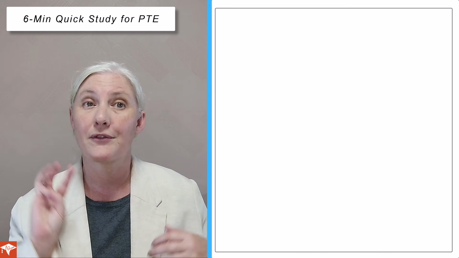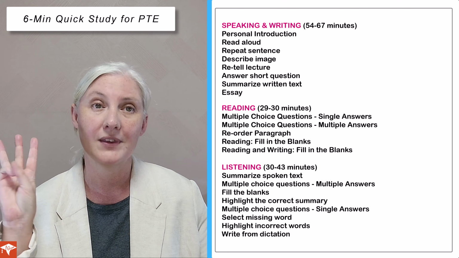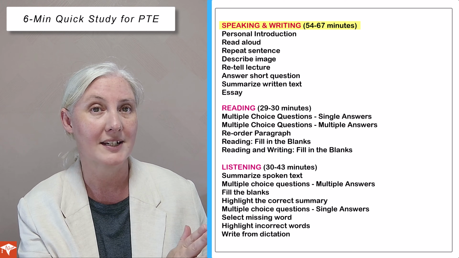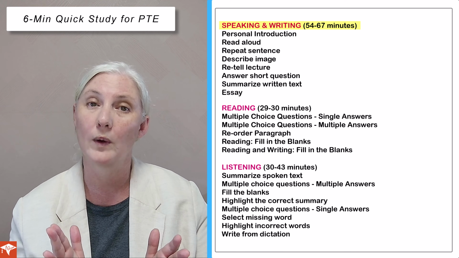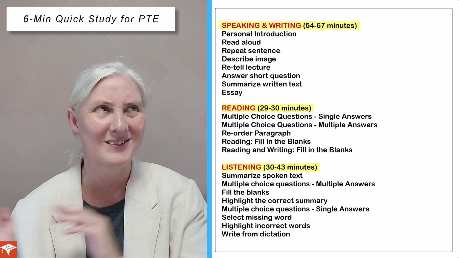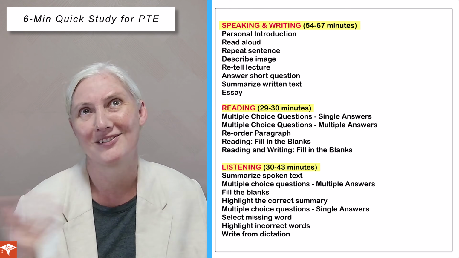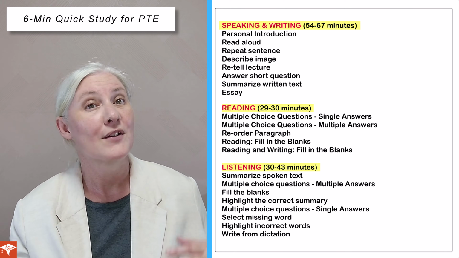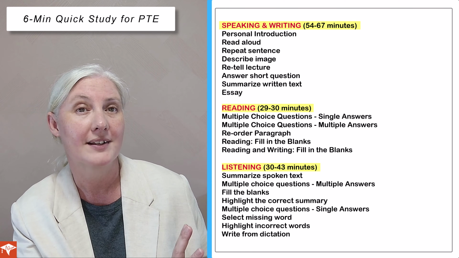But first, let me just explain about PTE's overall format. There are 3 sections to the PTE. Section 1, speaking and writing. Section 2, reading. Section 3, listening. Strange that speaking and writing are in the same section, isn't it? Anyway, firstly, we did the speaking and writing section.